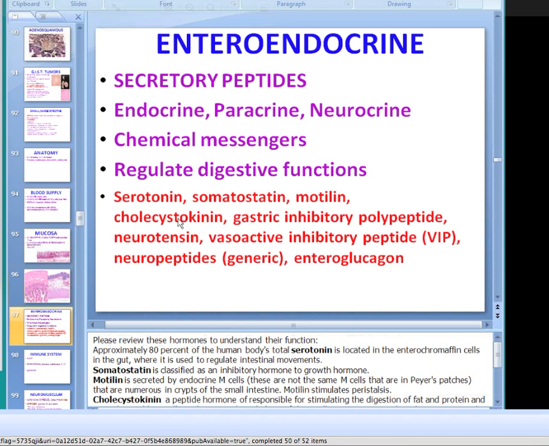Cholecystokinin, very important for the gallbladder. Gastric inhibitory peptide. There's some neuropeptides, of which neurotensin is one of them. Vasoactive inhibitory peptide. So you would think that something like that would actually inhibit the action of the bowel. And of course, enteroglucagon. Just kind of remember what they do.